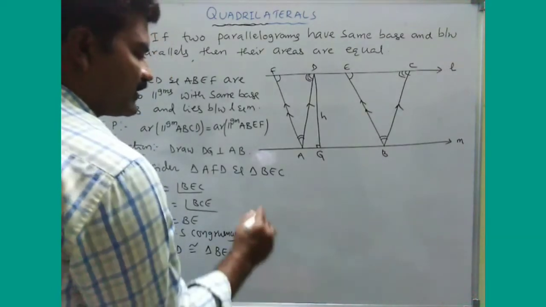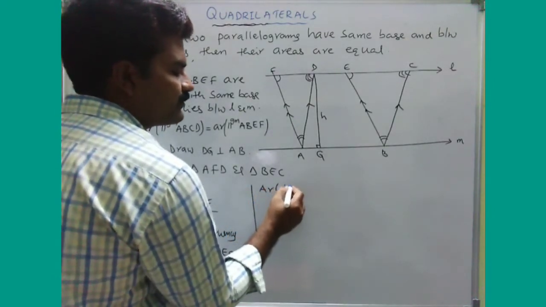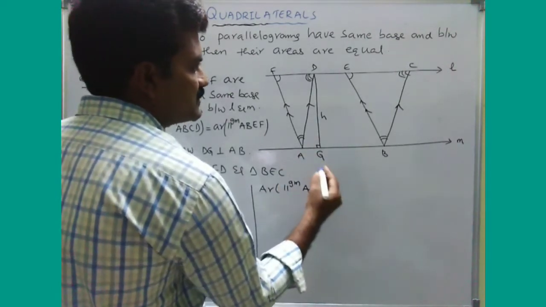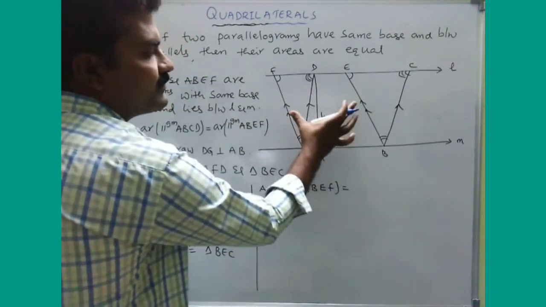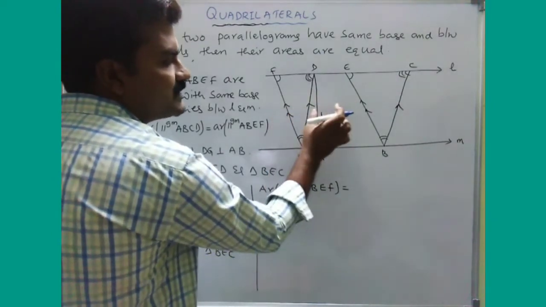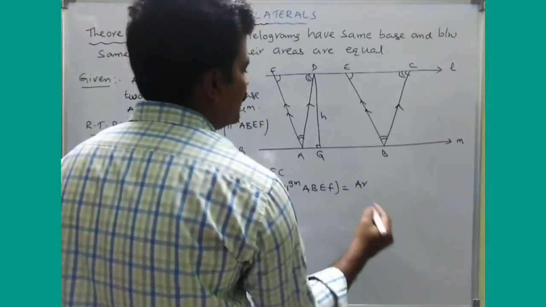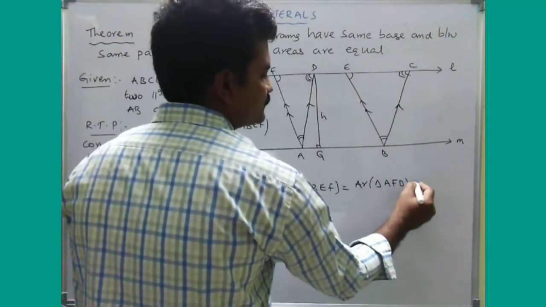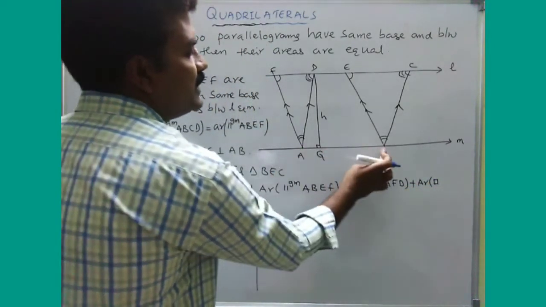Okay, so now let us see here. Area of parallelogram ABEF, I can write as area of this triangle plus area of this quadrilateral, which is equal to area of triangle AFD plus area of quadrilateral ABED.